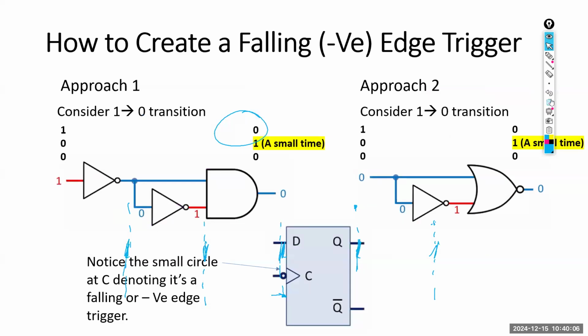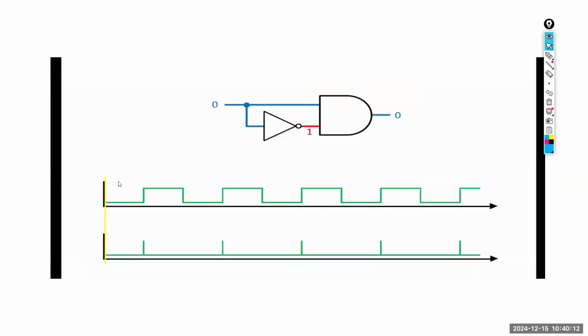Right. So this is how you generate falling edges. Earlier, remember I explained how to generate this kind of pulses during the rising edge. Now, if I want to generate this kind of pulses during the falling edge, that means this time my objective is to generate these pulses here, here.